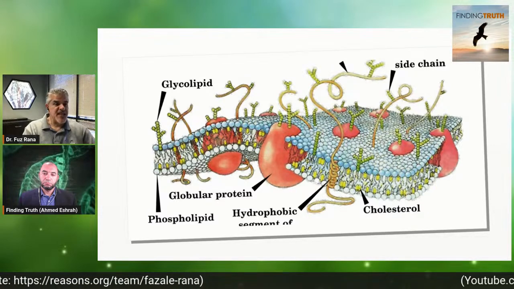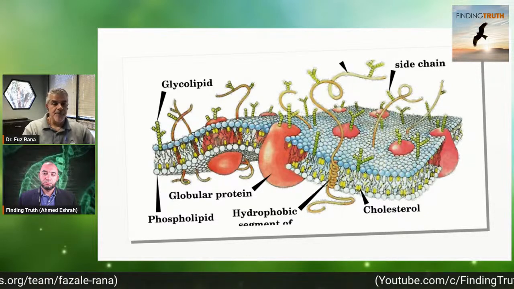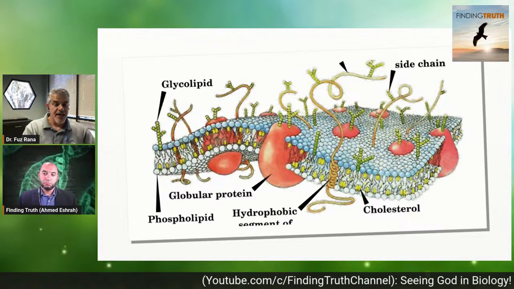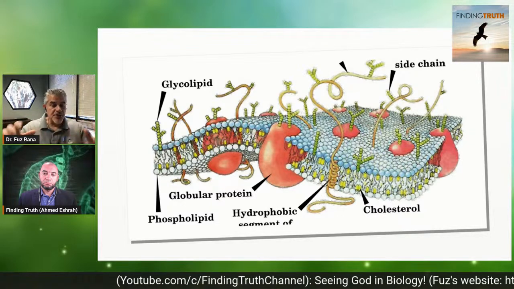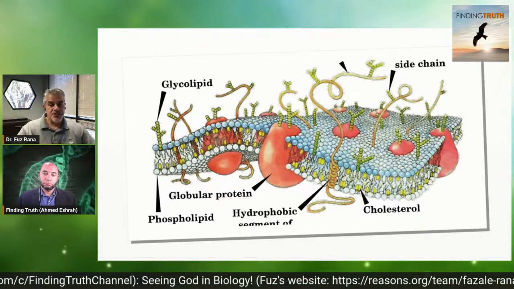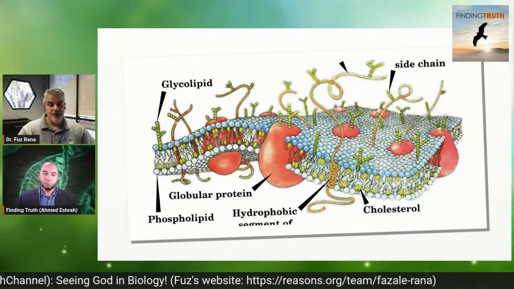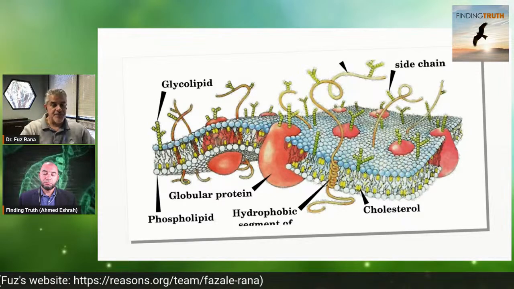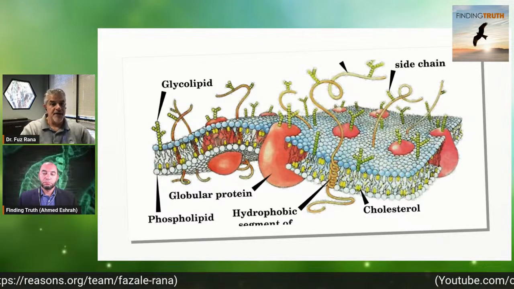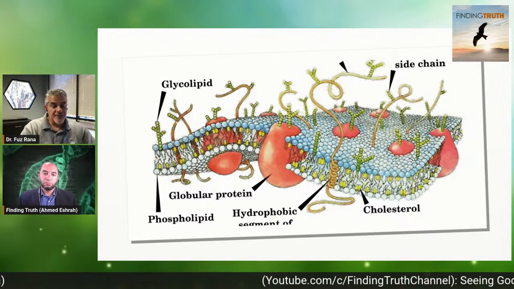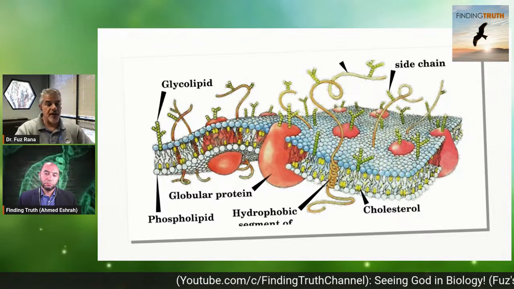Some serve as anchors, anchoring the cell membrane to the cytoskeleton in the interior of the cell and to the extracellular materials outside of the cell. So these proteins serve a wide range of functions. And again, I would refer people to the previous episode where we spent quite a bit of time reviewing the structural and functional features of cell membranes.